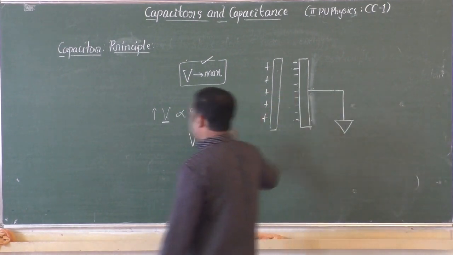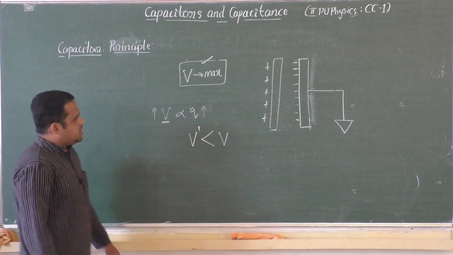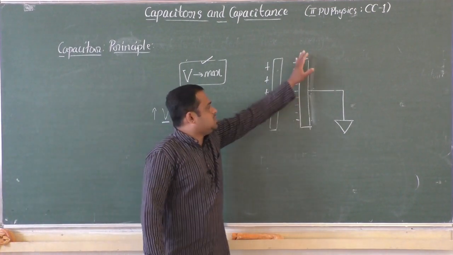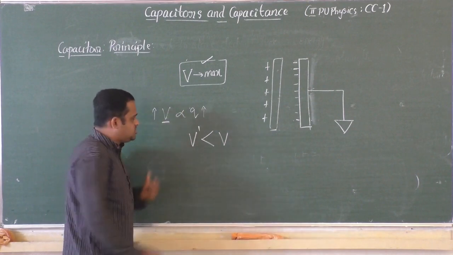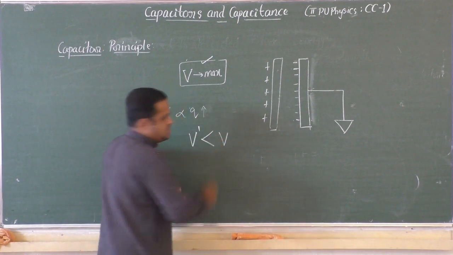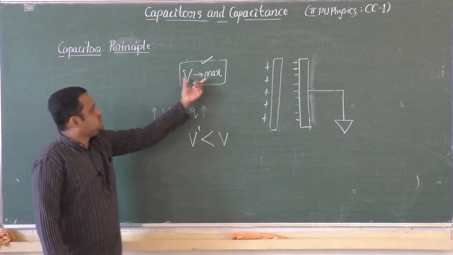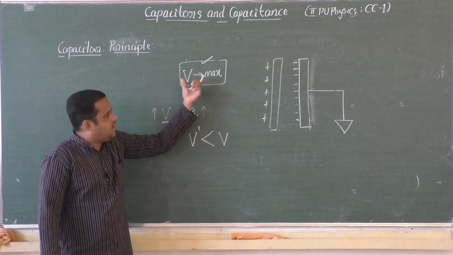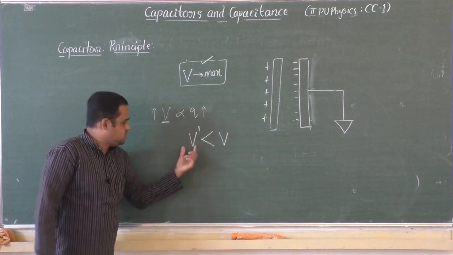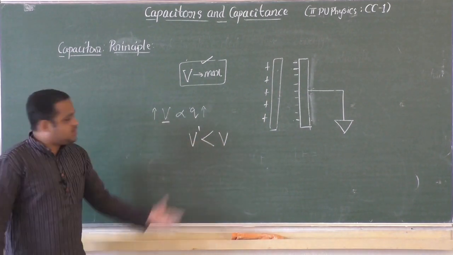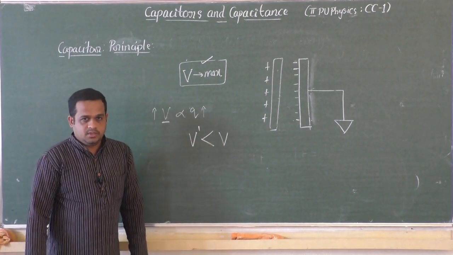Now consider the surface of the first conductor. Potential due to this one is positive, potential due to these charges is negative. Net potential, if it is V dash, then V dash is less than V. That means we reduced the maximum potential from its limiting value to some other lower value, that is V dash. What is the advantage of this?